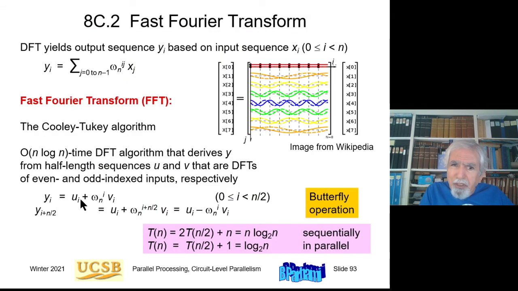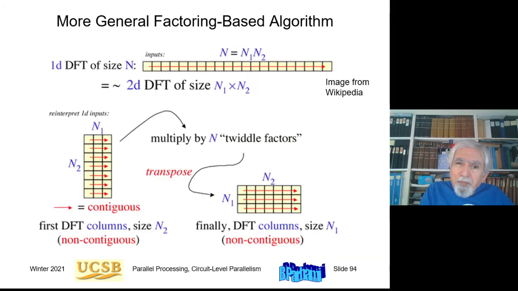And these are essentially 2-point DFTs. Okay, so a 2-point DFT is 1-point DFT and 1-point DFT. So it's basically a multiply-add. Okay, so this is a more general factoring based algorithm. In the case of FFT, the 2D structure here is n over 2 rows by 2 columns.